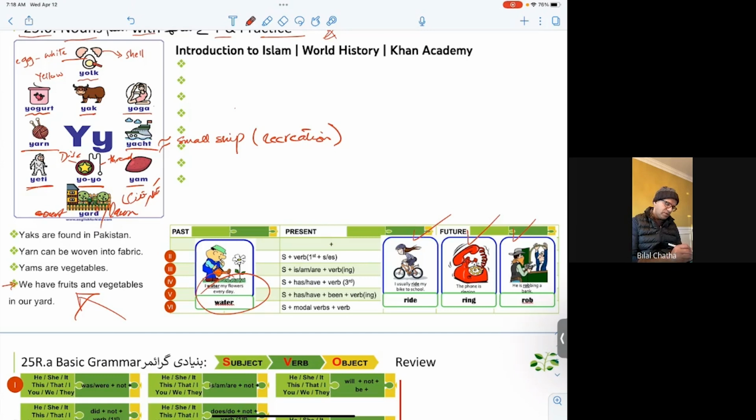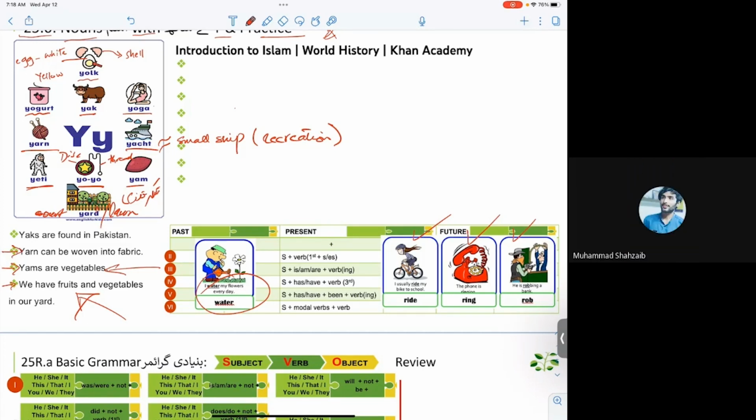Okay. Now, what's the sentence above it, Shazib? Yes, sir. What's the sentence above it? Yams are vegetables. Okay. And the sentence above that. Yarn can be woven into fabric. Very good. And the one above that.